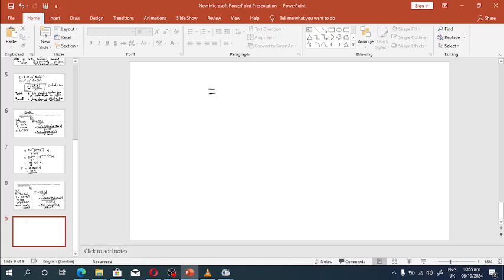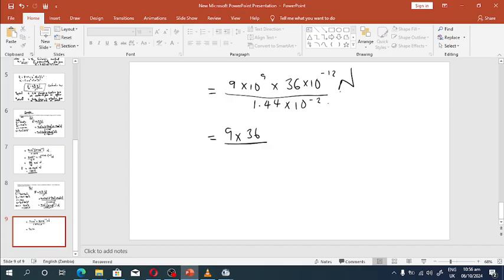So we have 9 times 10 to the power 9 multiplied by 36 times 10 to the power negative 12, over 1.44 times 10 to the power negative 2. We'll isolate these, newtons, as our units there. So we'll have 9 times 36 over 1.44, times 10 to the power 9 plus negative 12 minus negative 2, newtons.